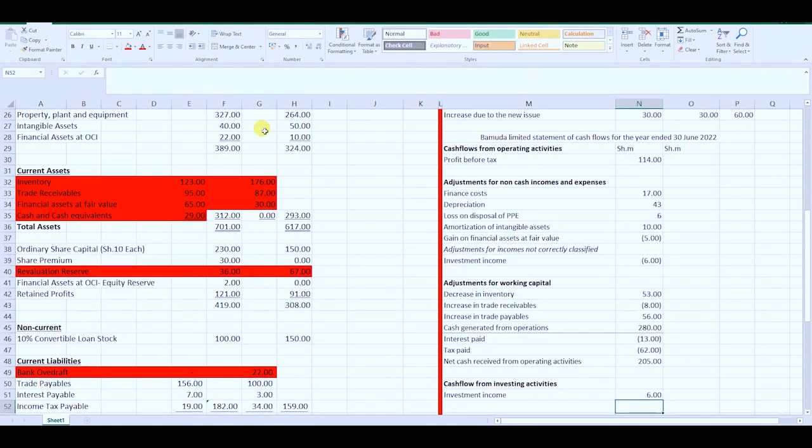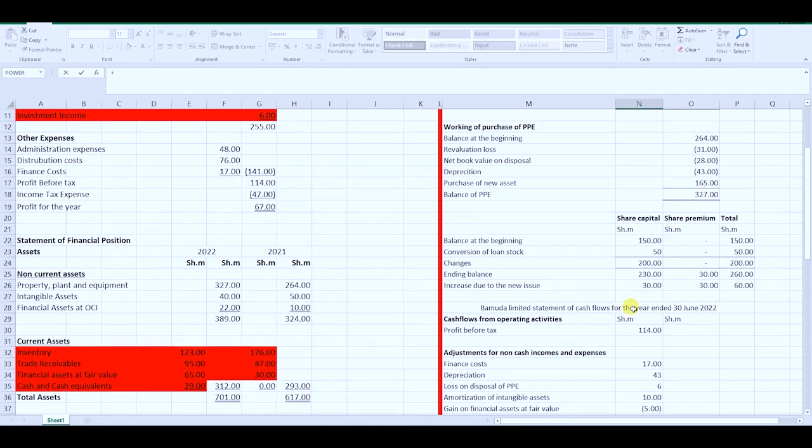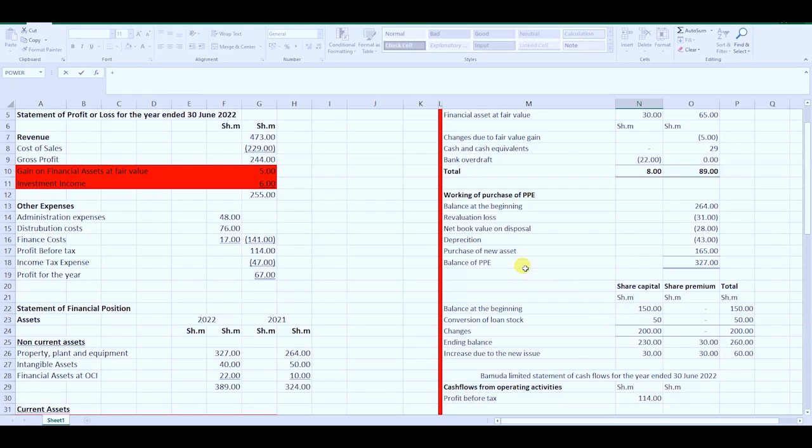So plus that value, enter. Our next item is now purchase of PPE, and we need to see the working for that. Plus the purchase of PPE should be, from the working over here, the purchase of new asset.